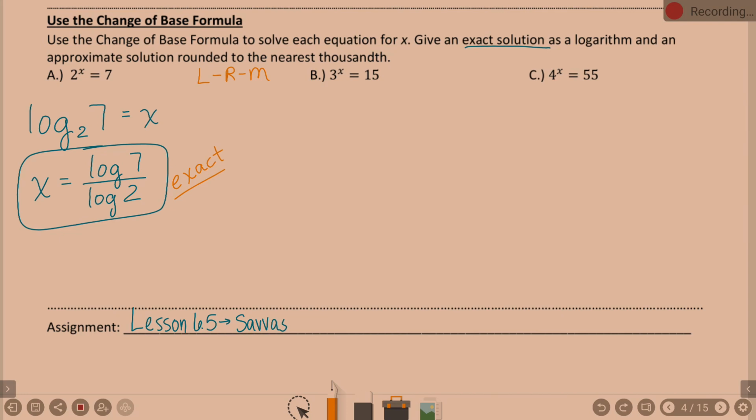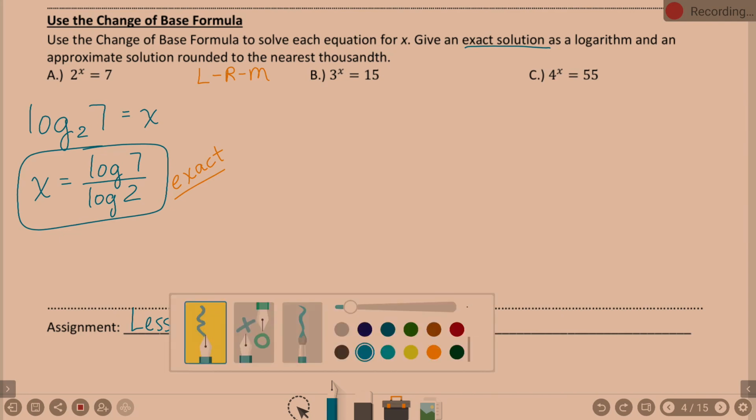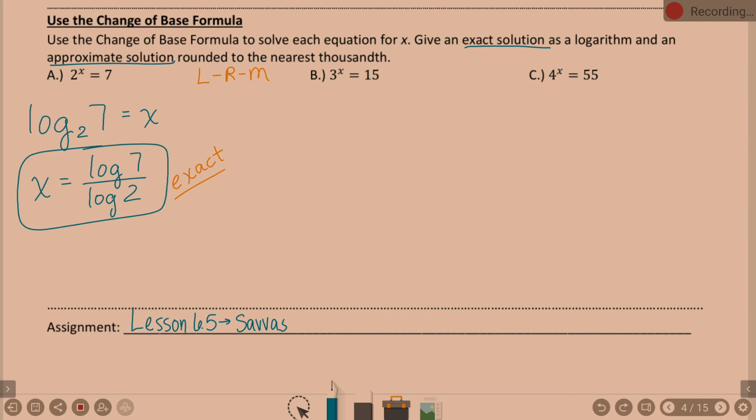Okay. Then it asks us to give approximate solution rounded to nearest thousandth. This becomes calculator, yes. What is log of 7 divided by log of 2? Did we just do this one? Okay. Approximately 2.807.